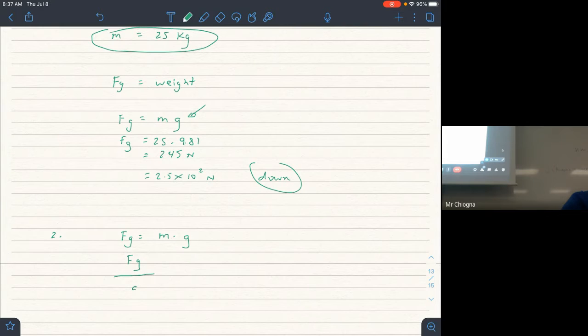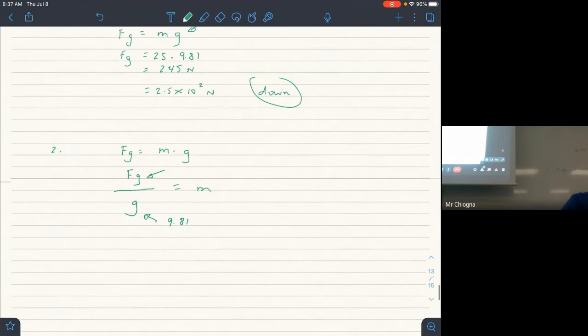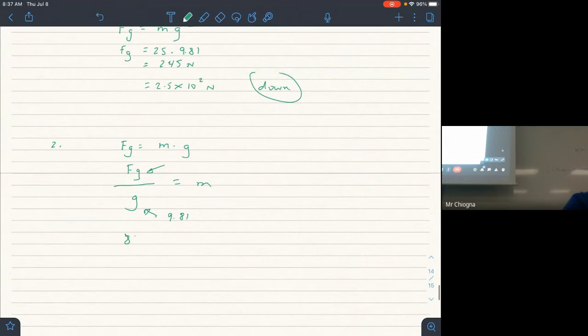The confusing part here is that G is just a subscript. That G is 9.81 on the surface. So this works out to be 8.2. The unit for mass is kilograms.